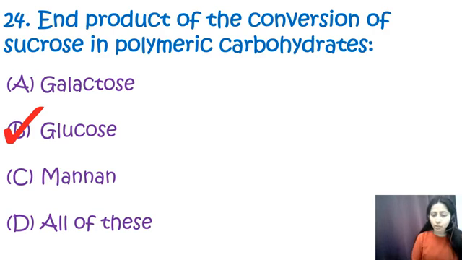When it undergoes hydrolytic conversion, it breaks down into monosaccharides, and these monosaccharides, particularly the glucose unit, can be used for various metabolic pathways, whereas galactose and mannose are not directly the product of glucose conversion. So the correct option is B, that is glucose.